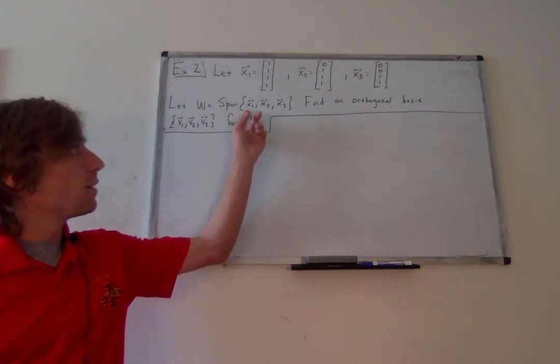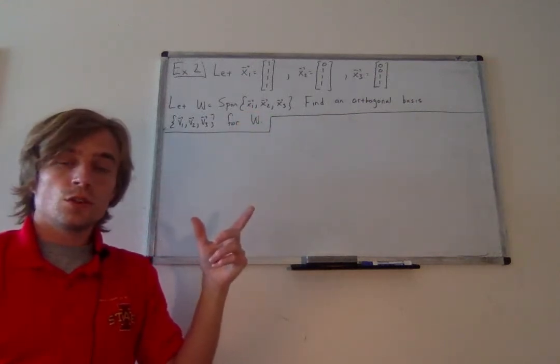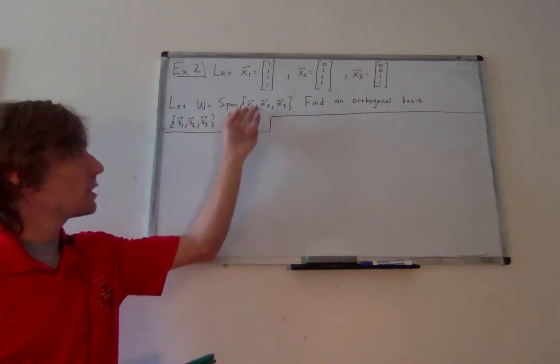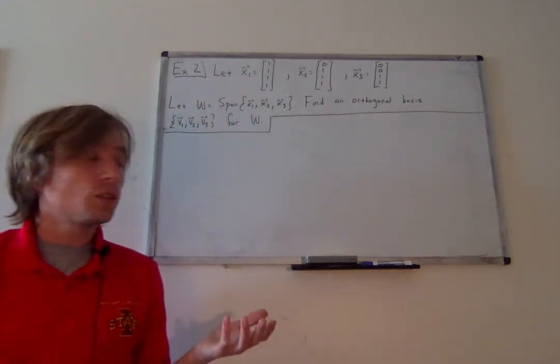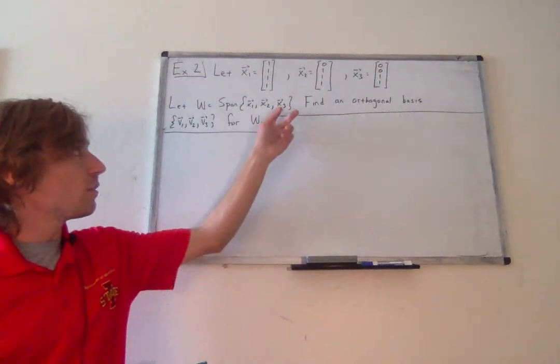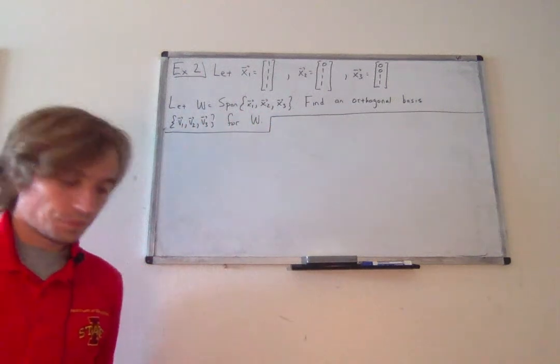So we're going to find a vector v1 that will span the same set as x1. Then we're going to find a vector v2 so that v1 and v2 will have the same span as x1 and x2. We've already seen how to do that. And then finally we're going to find a vector v3 that has the same span as x1, x2, x3.